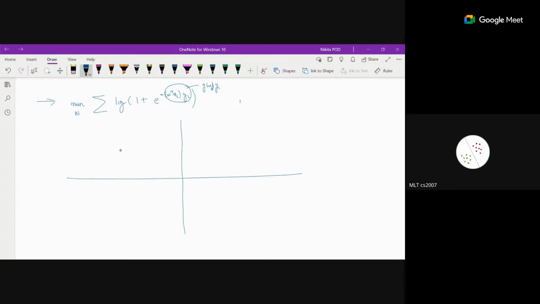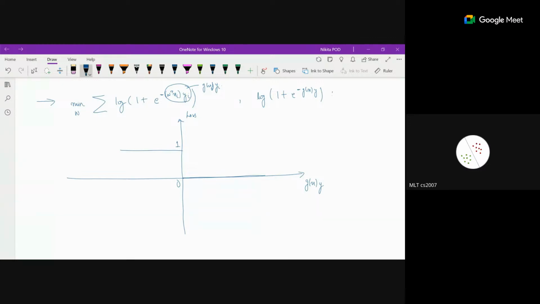so this is my 0, 1 loss. So this is 0, 1, and this is gx times y, and this is loss, right? So in this case, the loss that is given is log of 1 plus e to the power minus of gx times y. Okay, this is my loss.